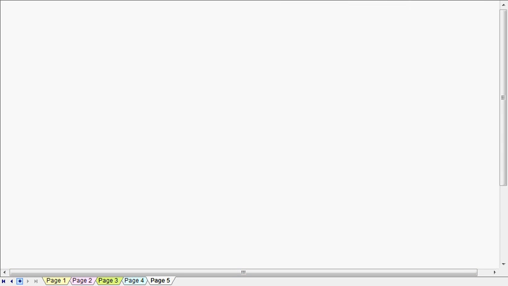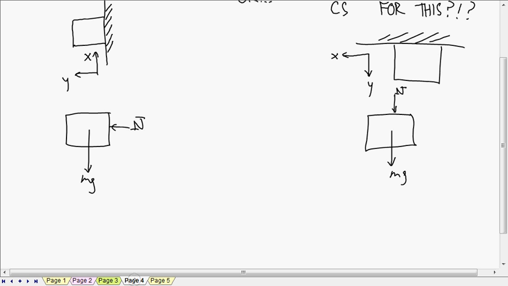Okay. So just put this rotated coordinate system origin at the tail of the vector.